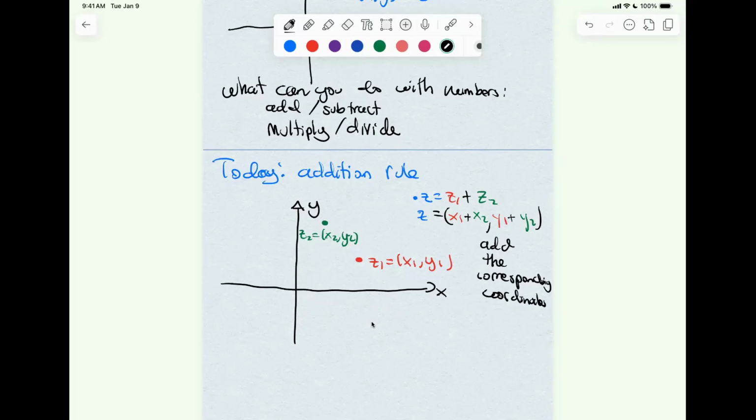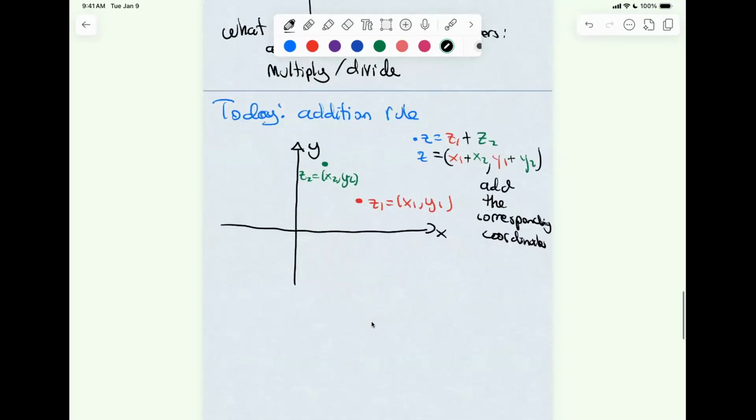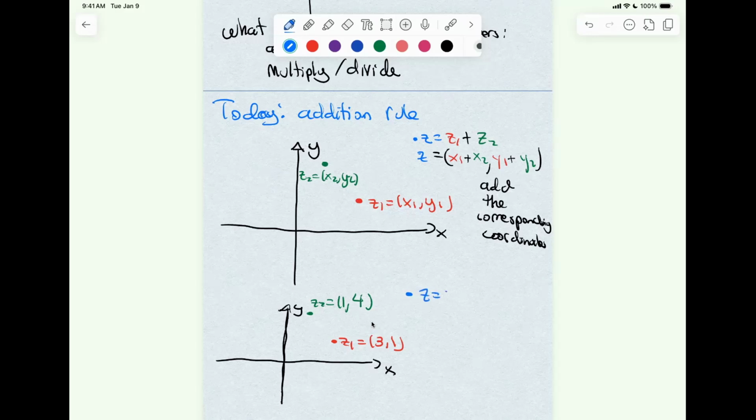So for example, just to do something quick numerically, say Z1 had been 3, 1, and Z2 had been the point 1, 4, for whatever reasons. If I wanted to add Z1 with Z2, I add the first entries together, 1 plus 3, which gives me 4.